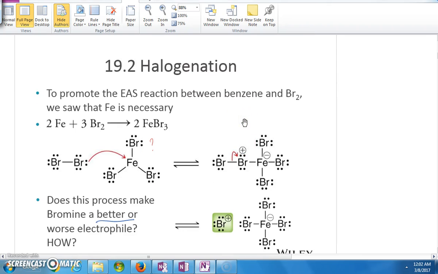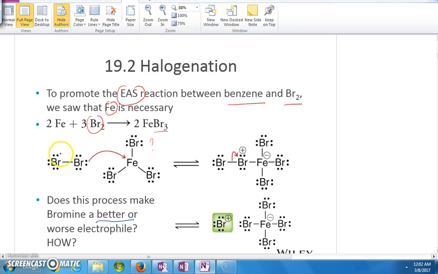To promote the electrophilic aromatic substitution reaction between benzene and bromine, we saw that iron is necessary. Iron is necessary because iron can react with the bromine to give iron(III) bromide.